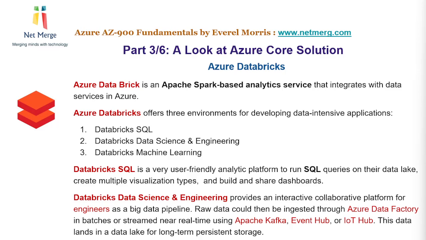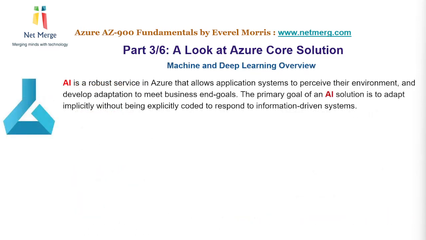You have Databricks, you have Synapse, and you have Hadoop. Now let's take a look at machine and deep learning in Azure under the artificial intelligence banner. AI is a robust service in Azure that allows application systems to perceive their environment and develop adaptation to meet business end goals.